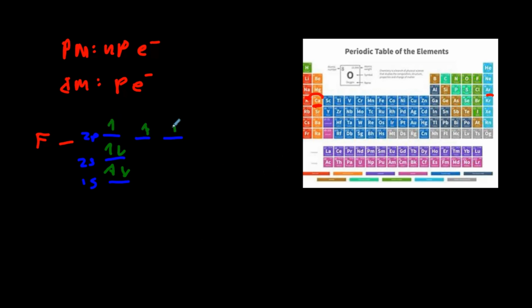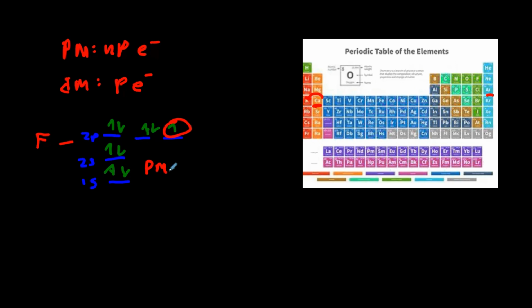Now we have a total of 9 electrons, which is fluorine. If we look over here, we have an unpaired electron. That means this is going to be paramagnetic, which means it's going to be attracted to a magnetic field. In other words, it wants to pair with another electron to fill the orbitals.